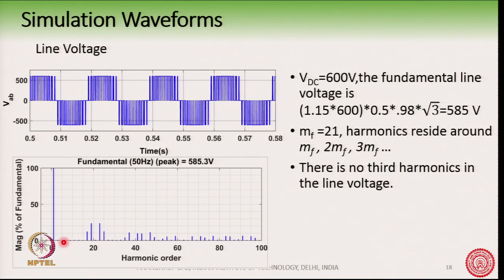We do not want the third harmonic to come across the load. So, with this VDC at 600 volt, the fundamental line voltage is √3 times what we obtained from the pole voltage, and will be close to 585 volt, and so there is no third harmonic in the line voltage.